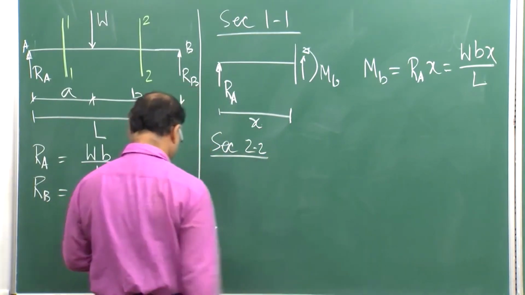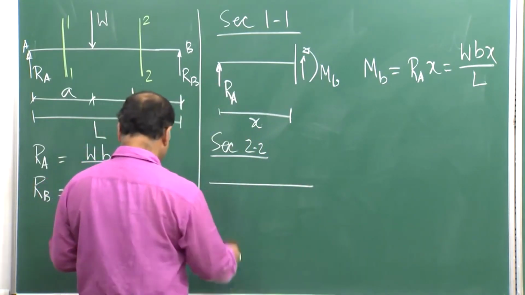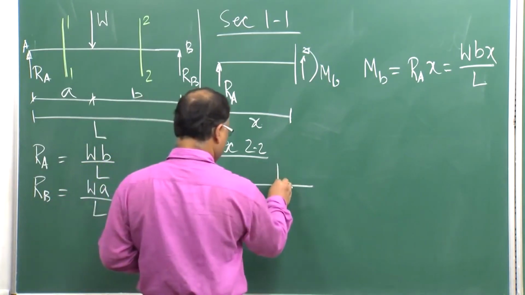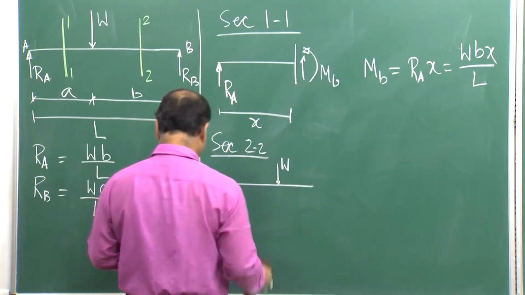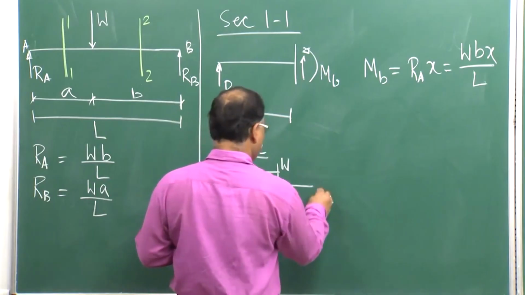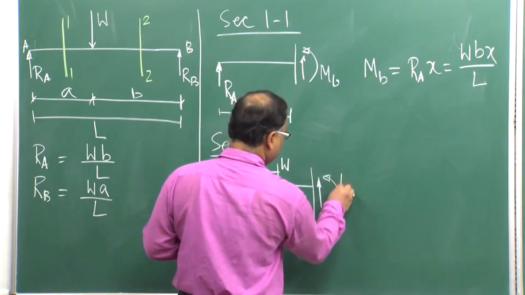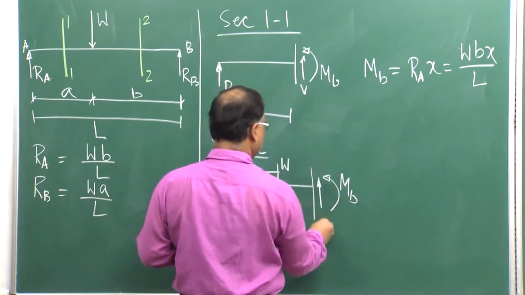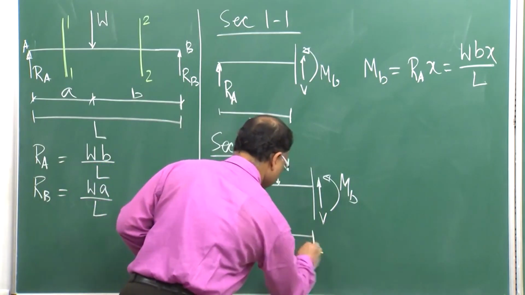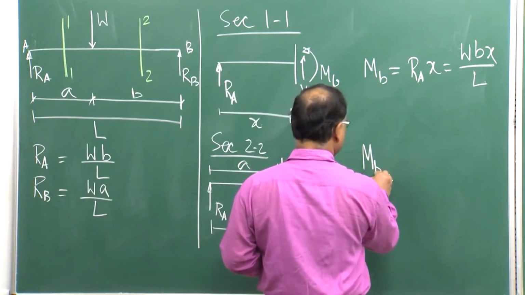Similarly, section 2-2. We are considering this left hand side part. You have RA, you have W which is acting a distance a away from A, and you have shear force and bending moment here, and this distance is say x now. For that your MB can be calculated.